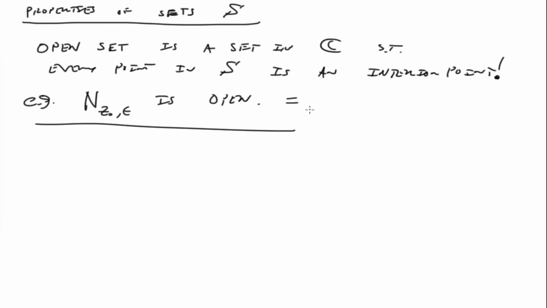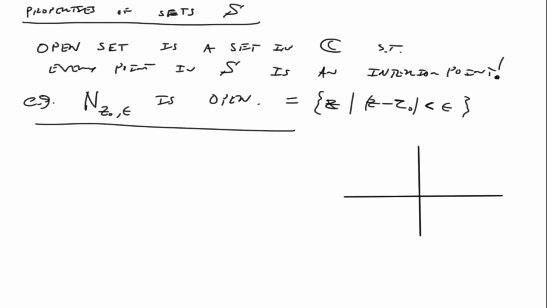Well, we know that the neighborhood is equal to z, where the distance is everything that's less than epsilon distance. We notice that it's strictly less than, right? So that means that when I draw this set, like that, so if I draw a neighborhood here, all right, it has some center to it right there.